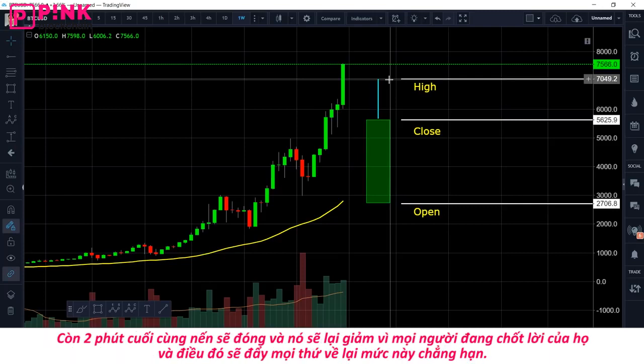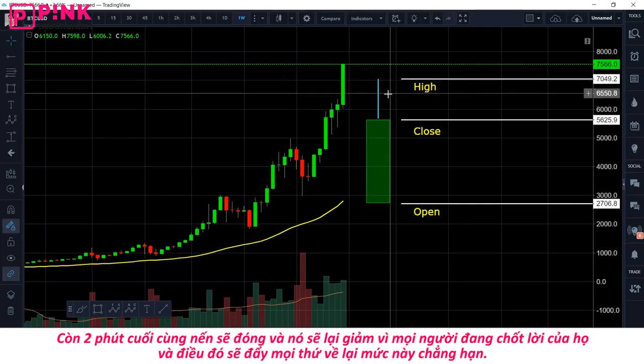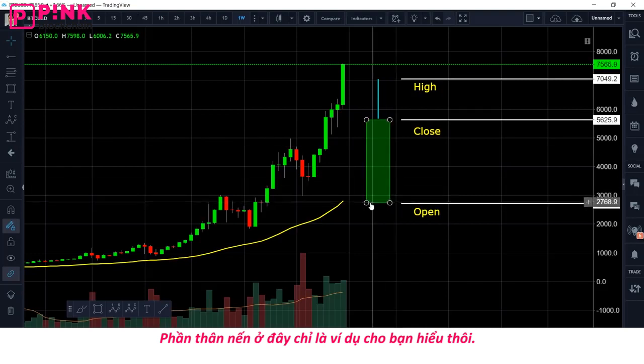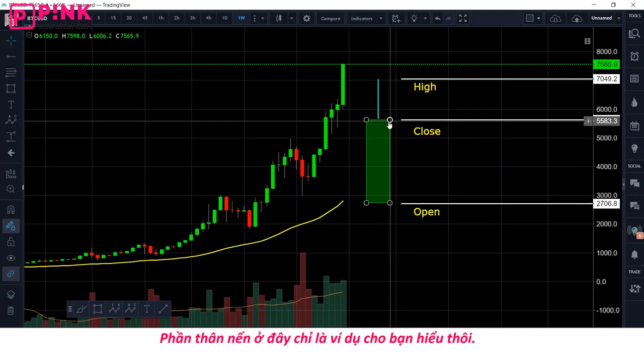So in the last 2 minutes of the candle close, there's bearish pressure where people are taking profit, and then they push it all the way back down here, for example, in the last 2 minutes. And that's why we only see a body in this particular scenario.